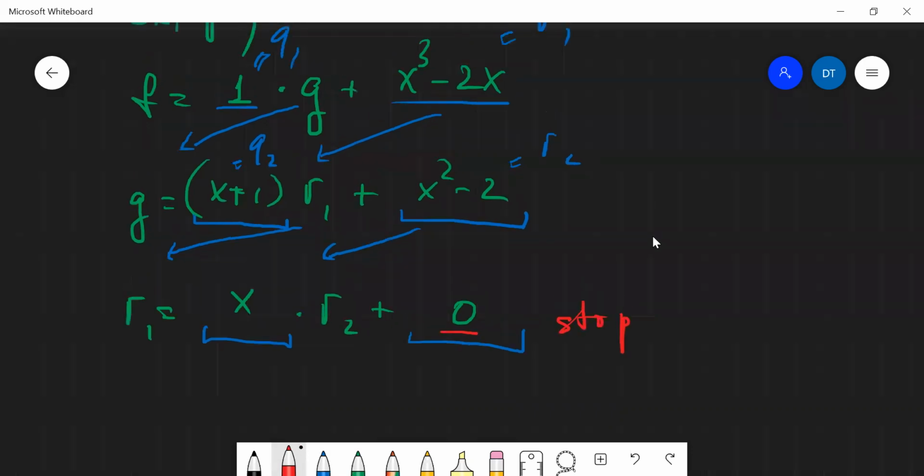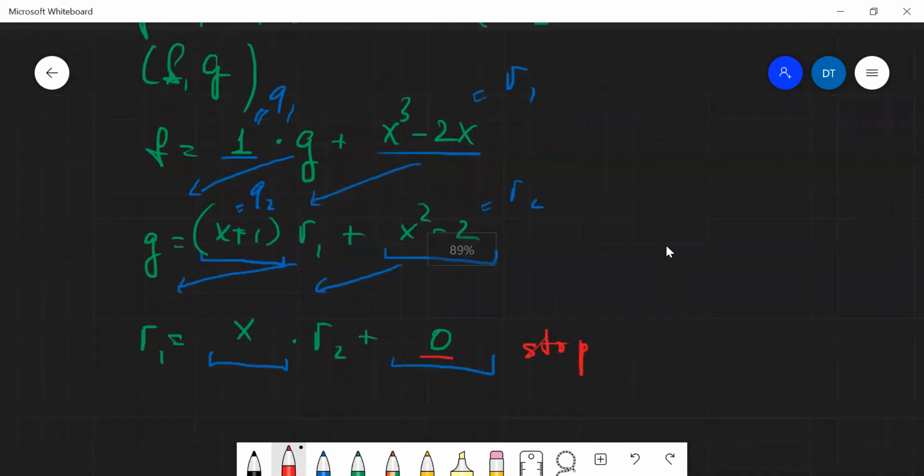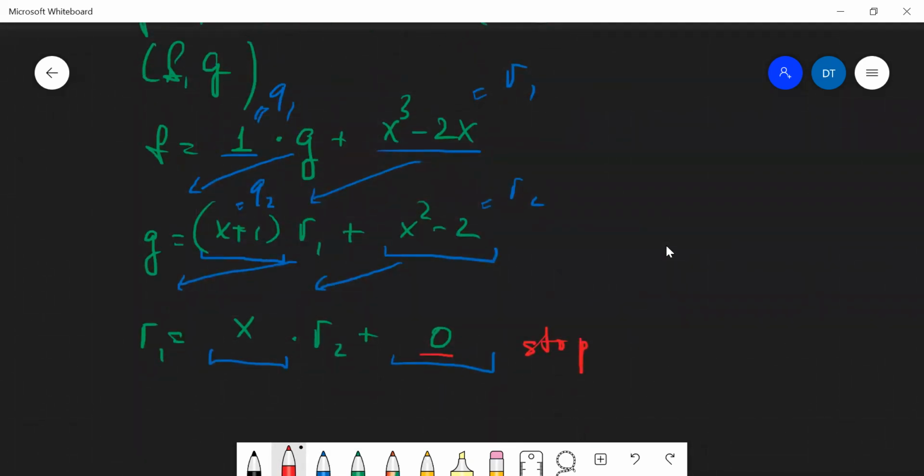So let me show you the whole computation. Are there any questions until right now? Okay. And what is the greatest common divisor? x squared minus 2. Yes. If this remainder is 0, then the greatest common divisor is the remainder on the previous step. So this is your GCD.